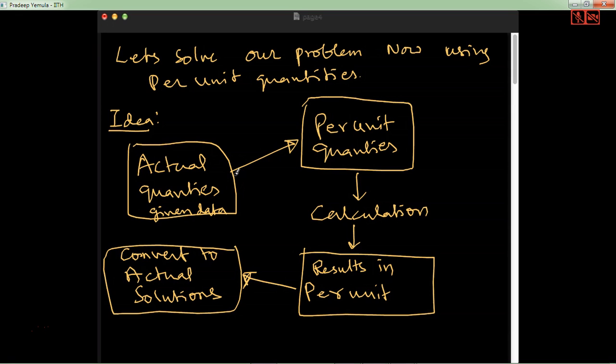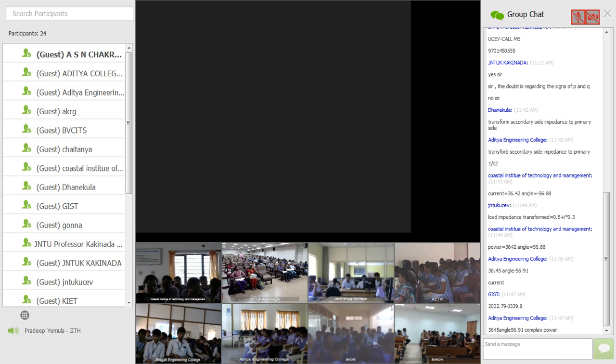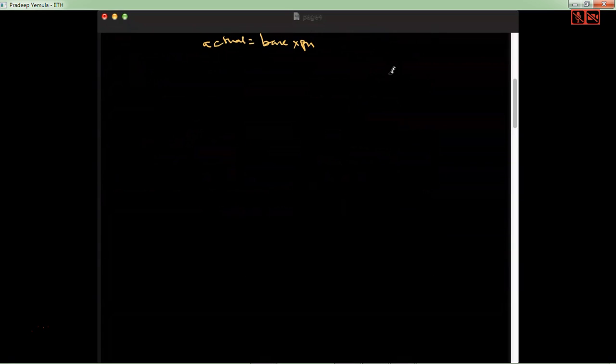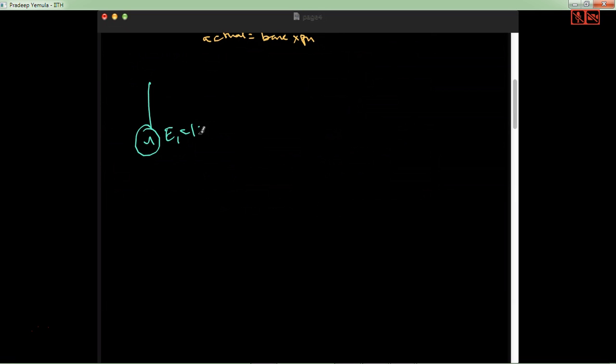So how to convert actual to per unit? This one just now we have seen. So how to convert to actual solution? Okay, so let me draw the question once again. If I remember correctly, this is E1 equal to 100 angle 0 degrees. Then I had 1 plus j2. Then there is an ideal transformer.